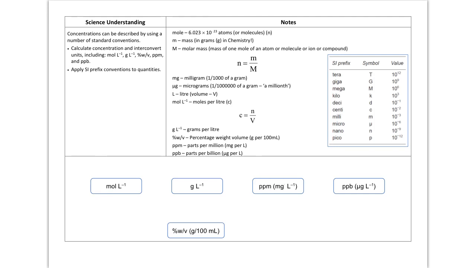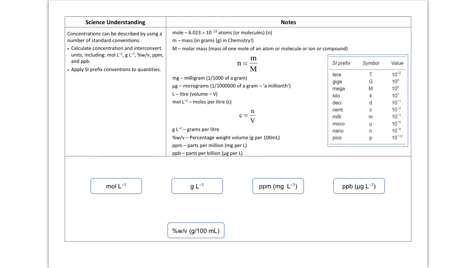If you're wondering where that number comes from, if you have exactly 12 grams of the isotope carbon 12, then you would have 6.023 times 10 to the 23 atoms of carbon. It's a lot of atoms of carbon in 12 grams because the atom is very small. We call that number also Avogadro's number.